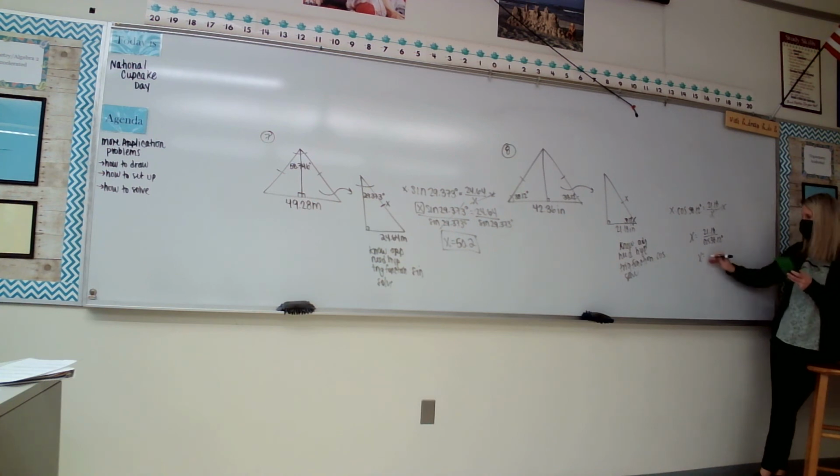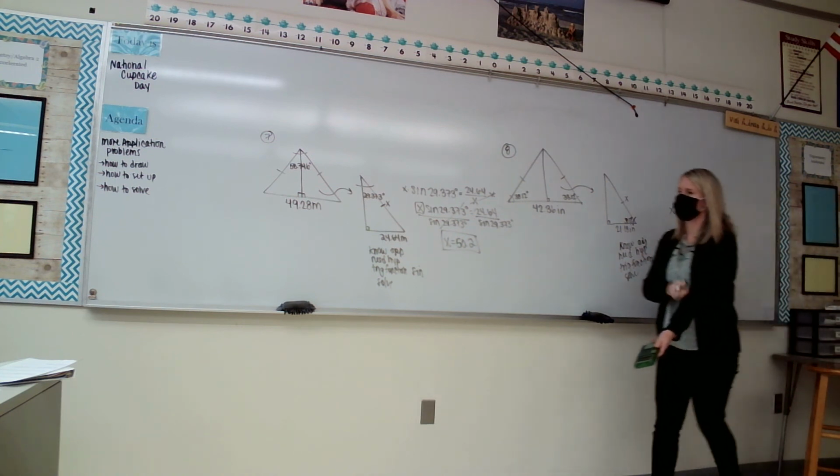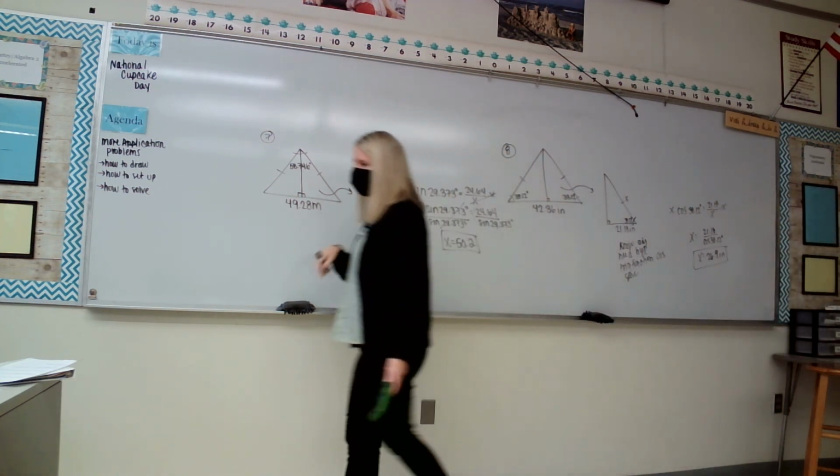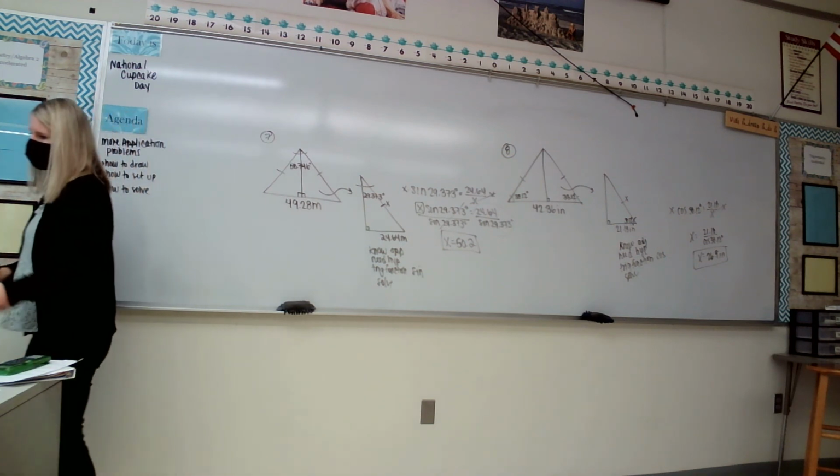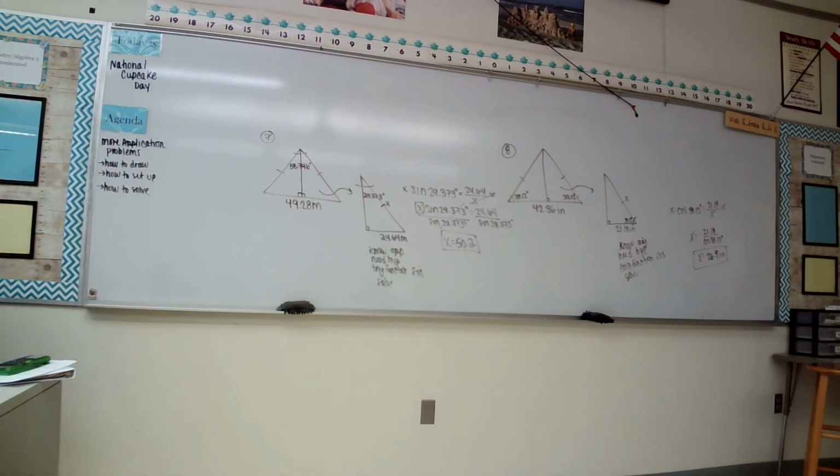And that comes out to 26.9 inches. So those ones had a little bit more work just to kind of rearrange them. Stuff we've seen before. But that's it. All right, a lot of word problems, but basically we're pretty much done.